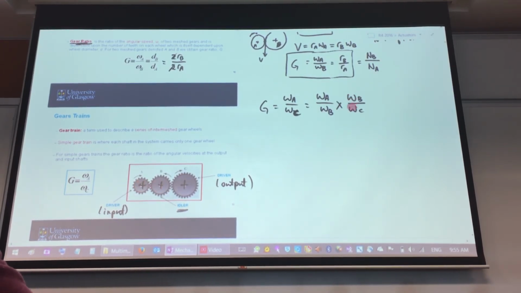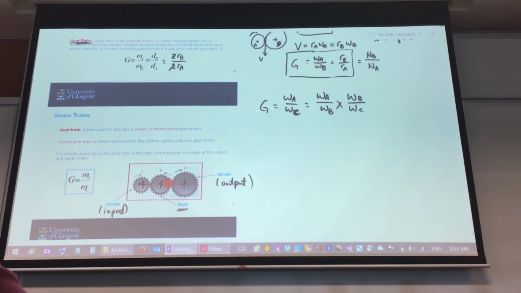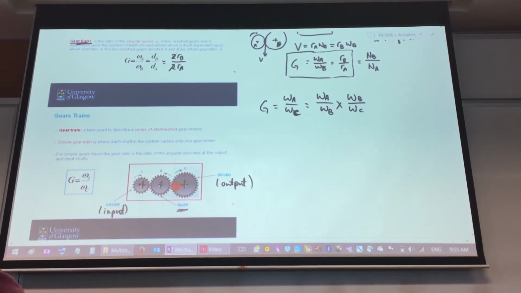Omega B over omega C is the gear ratio between the idler gear and the driven gear. Since they are connected in this gear train, we can multiply them together in that way.